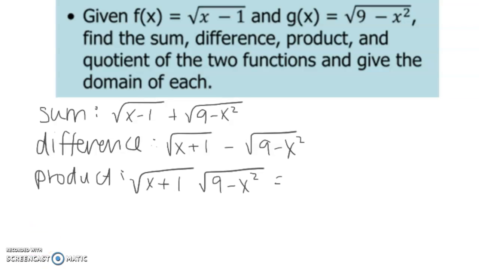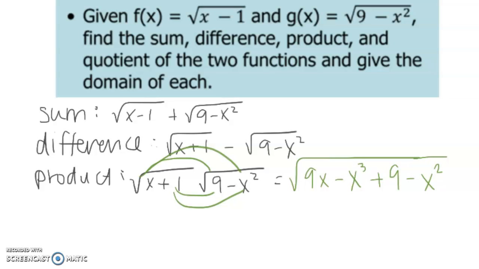On the product, though, you can multiply inside those radicals, so I'm going to go ahead and FOIL all of these, but I'll keep it inside my radical. All I would do from there is maybe write it in a more proper order. So negative x cubed minus x squared plus 9x plus 9.